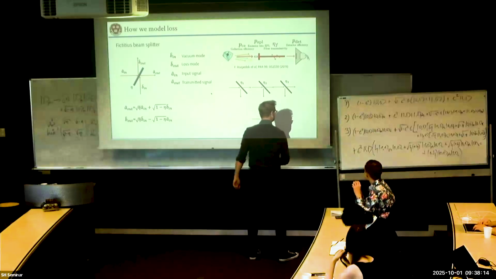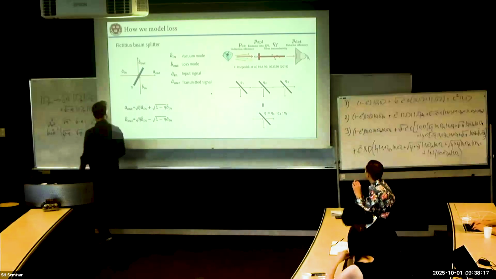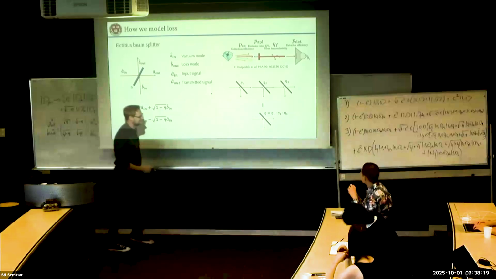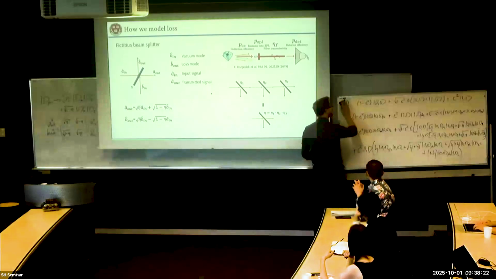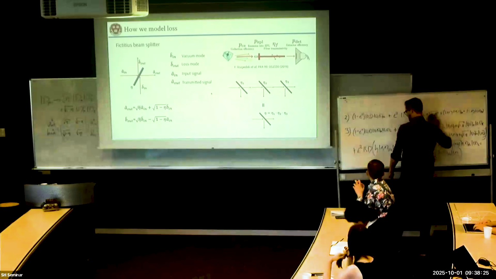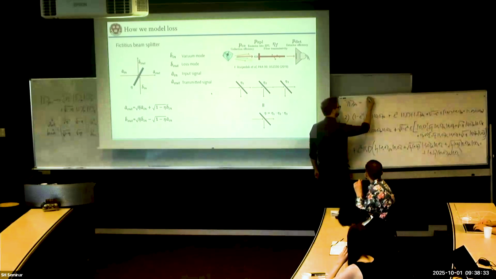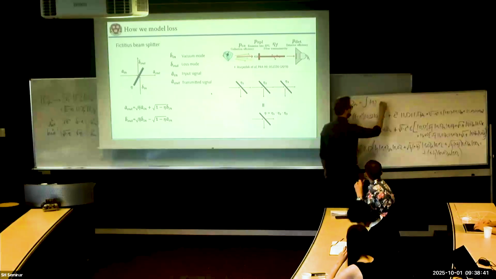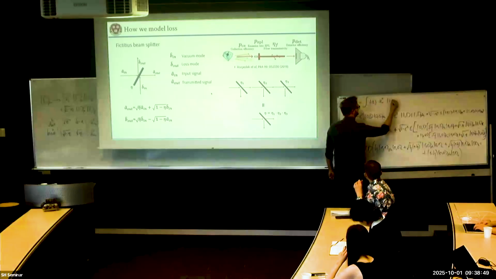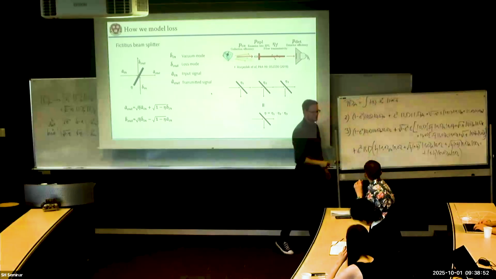I can also define a photonic mode. Can you see what I'm writing here? No, okay, I'm going to do it differently. One photon like this, I could say, well, that's actually some kind of integral over some amplitude and a creation operator in mode X, the X vacuum mode.